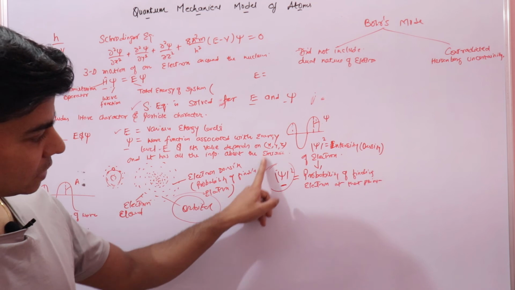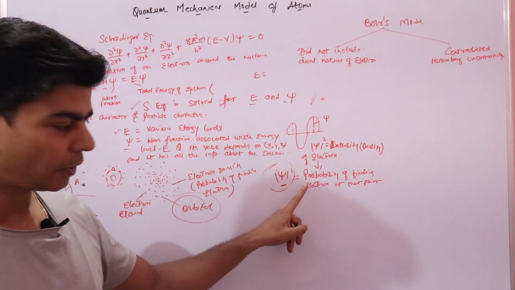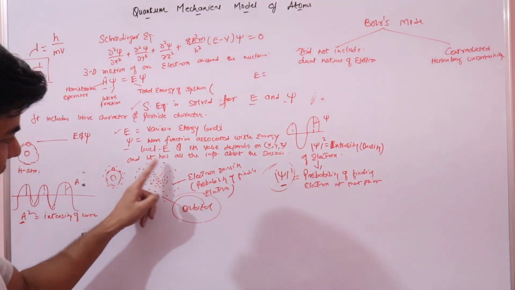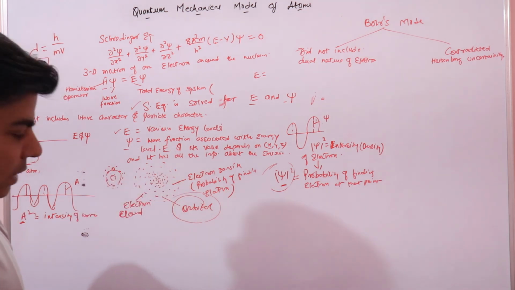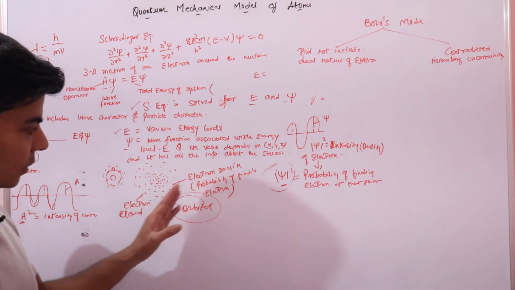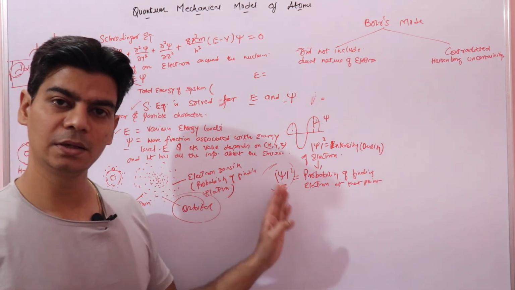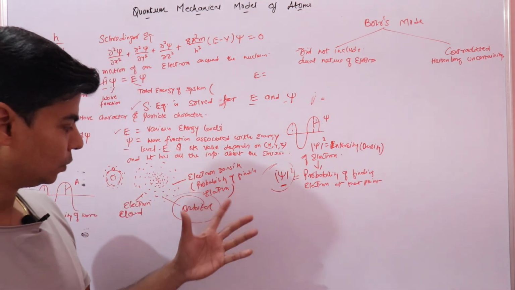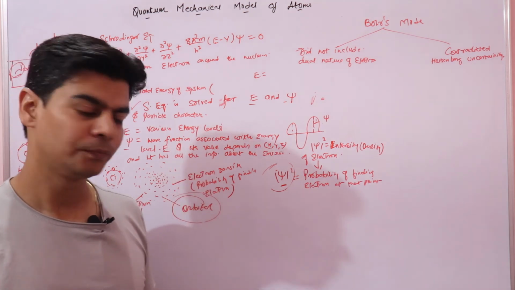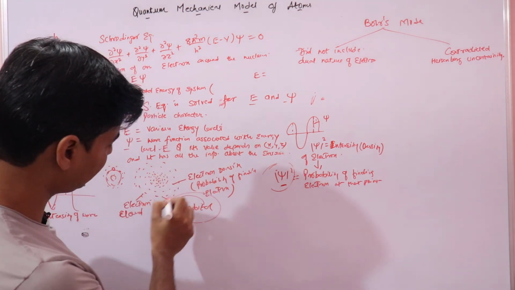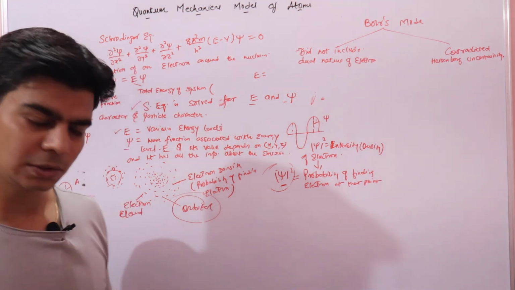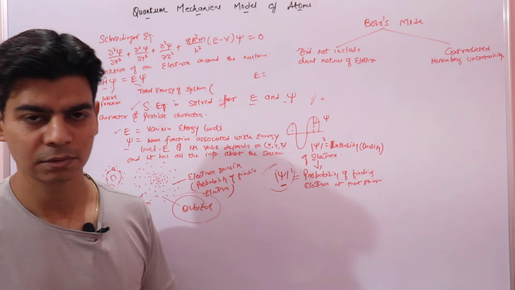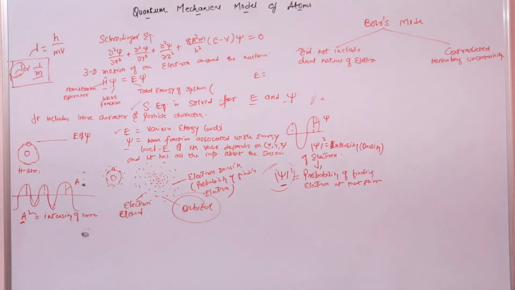So when you find this intensity of finding an electron at various points around the nucleus, what you get is this electron cloud. In this electron cloud you have the maximum probability of finding an electron, so you call it an orbital. This psi is nothing but an orbital.